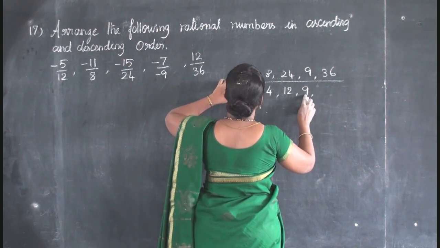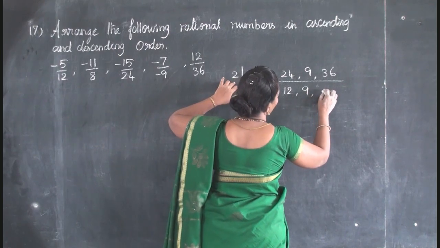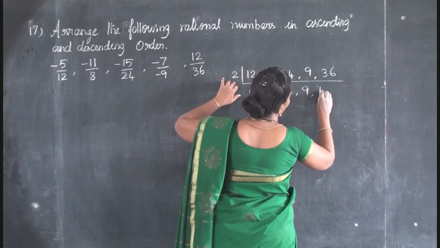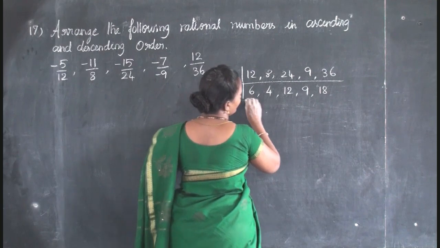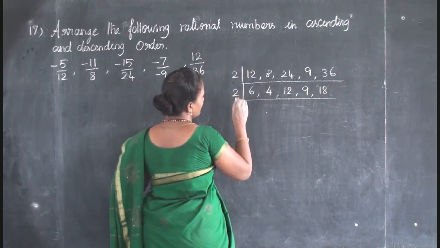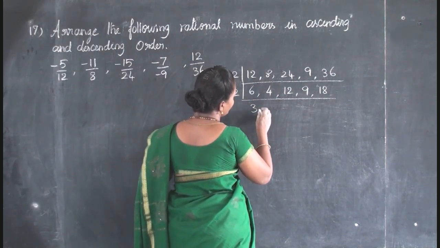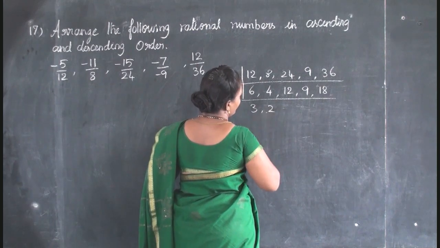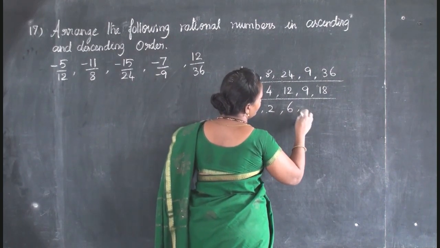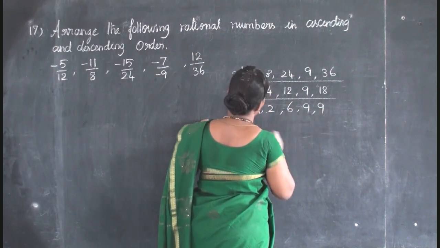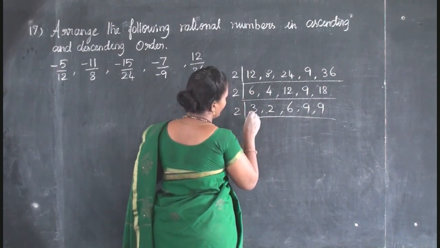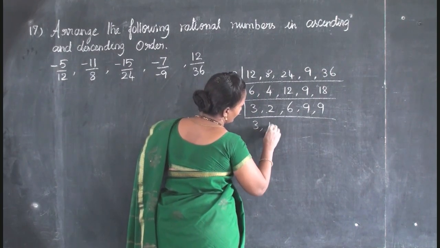Then 9 and 18 are here, and then you divide by 2, and 3, 3, 1.